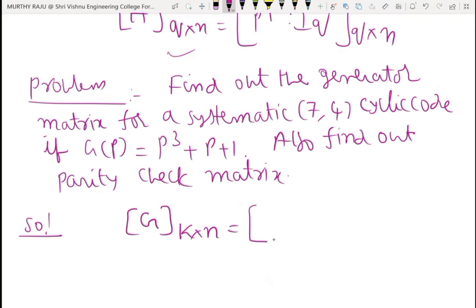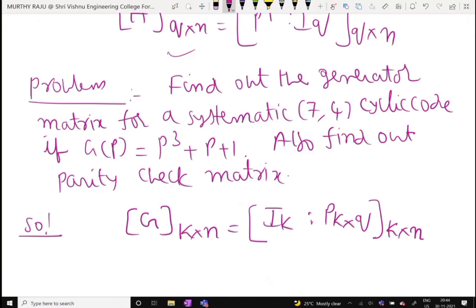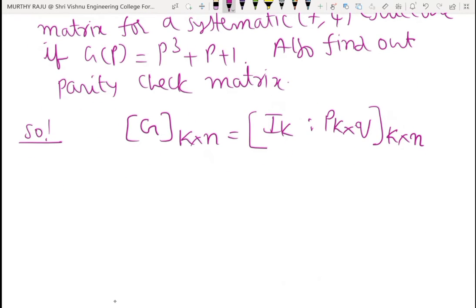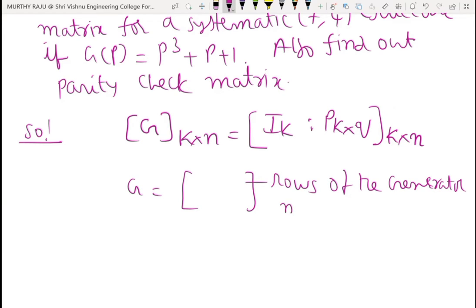Generator matrix is generally defined as [IK, P], identity matrix, P is K cross Q, overall K cross N. Next, now we have to determine the rows of the generator matrix.